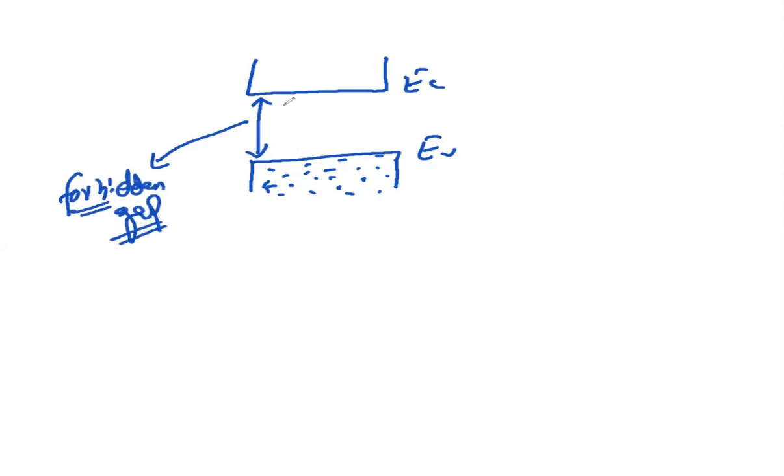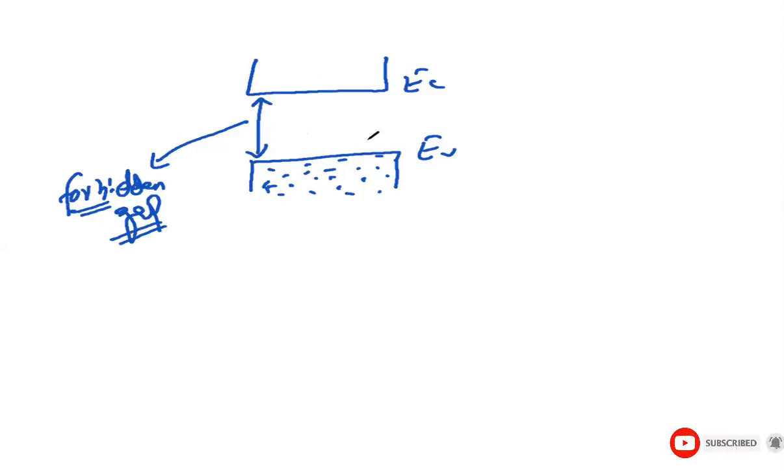In a conductor, this forbidden gap is very small, so electrons will easily move toward the conduction band. In an insulator, the forbidden gap is huge, so electrons are unable to move into the conduction band. In a semiconductor, the gap is in between: larger than a conductor, and much smaller than an insulator.